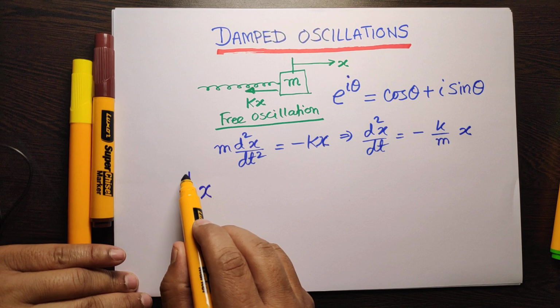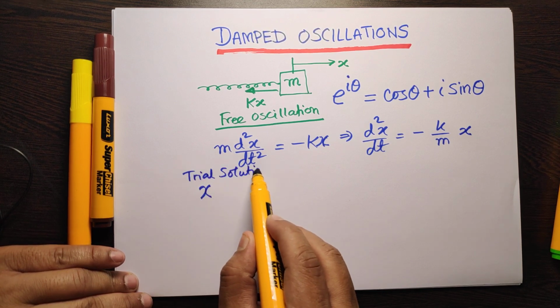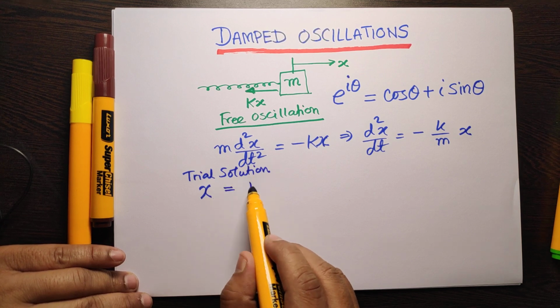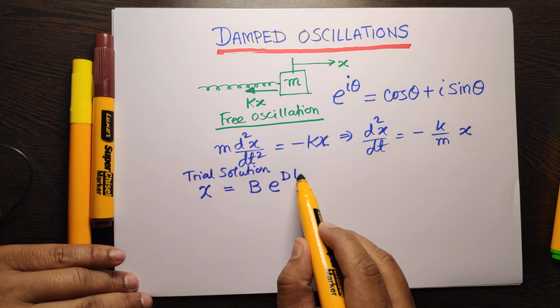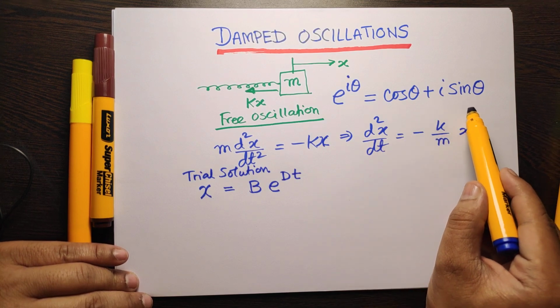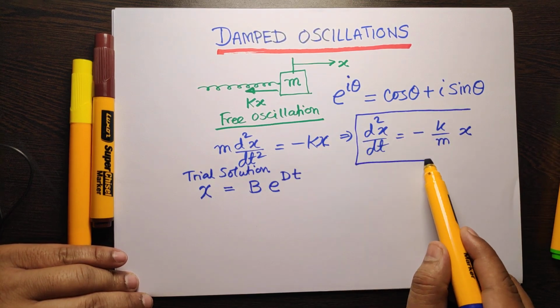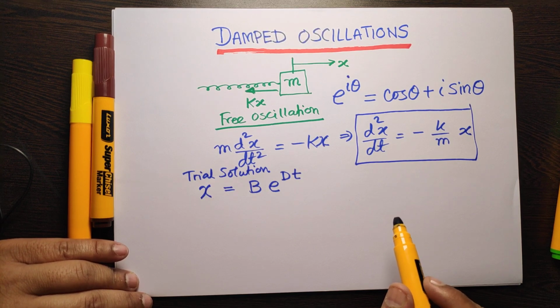Say this is the trial solution, x equal to b e to the power dt. Let's put this trial solution into the differential equation of free oscillations. In a similar way we will deal with the damped oscillation.